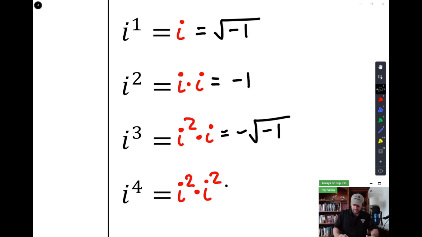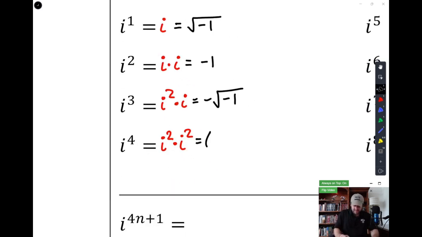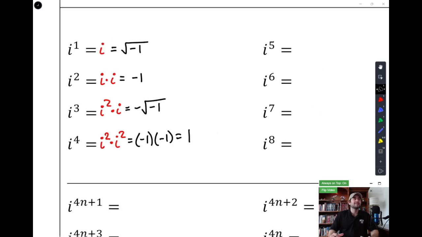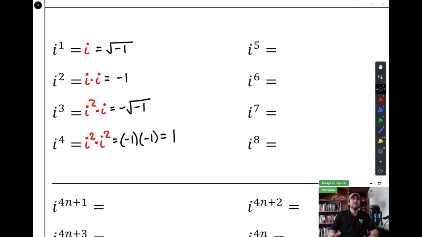And i squared we just defined as -1 for both of them, and so i to the fourth power is just 1, which means all of the next 4 terms are going to be some factorization where i to the fourth happens.